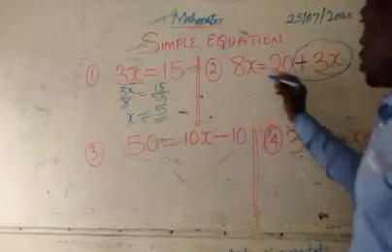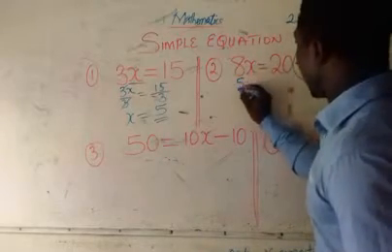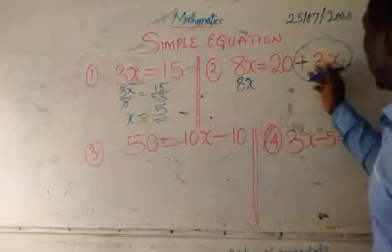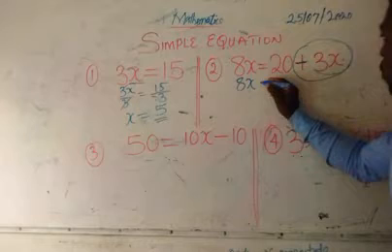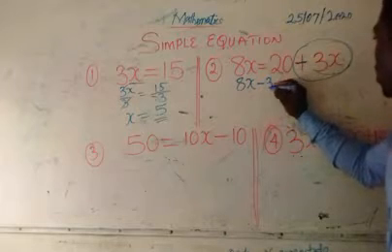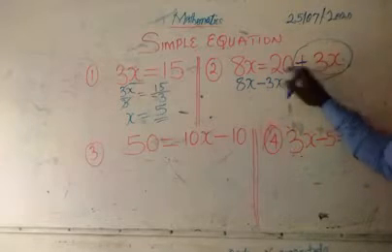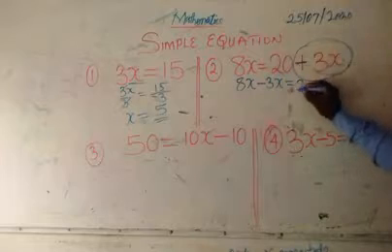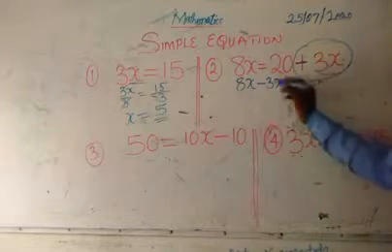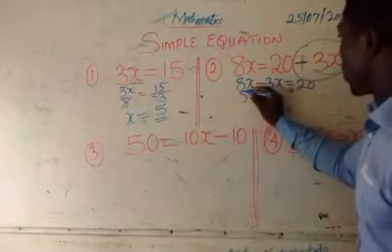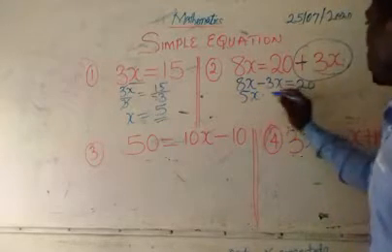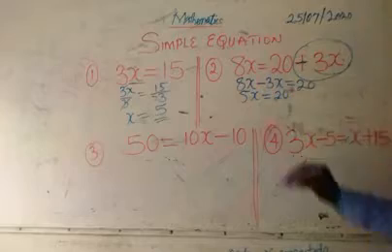So let's go there. We have 8x. Now let positive 3x move across the equation sign. We are going to have negative 3x, everything equal to the 20 that is remaining there. So 8x minus 3x will give us 5x equal to 20.